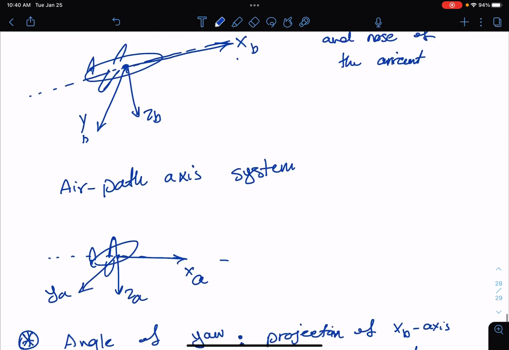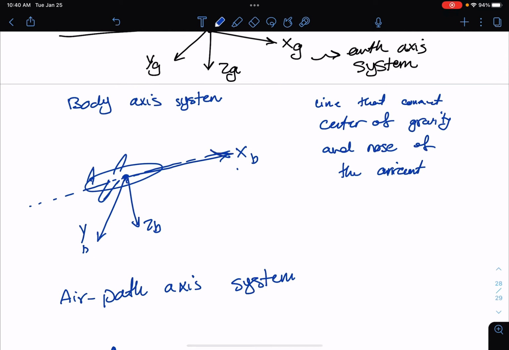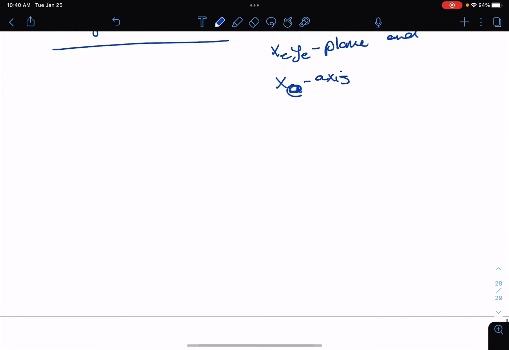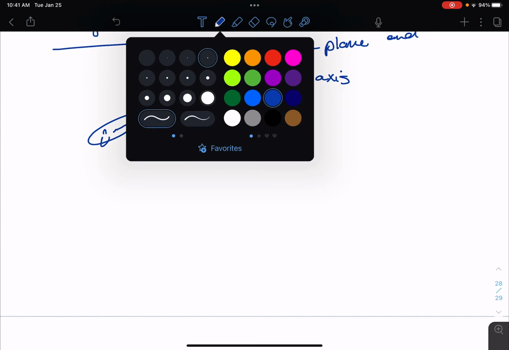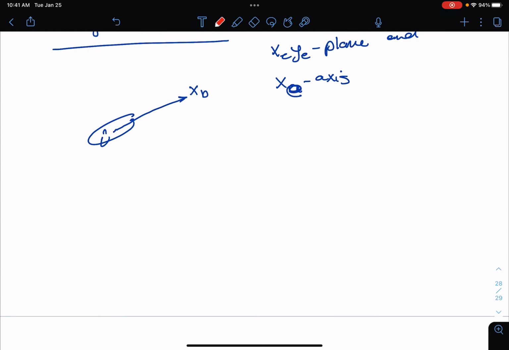So, this is going to be your XB. Again, let me draw this. This is going to be your XB. And we have the E direction, XE, YE, and ZE, right?